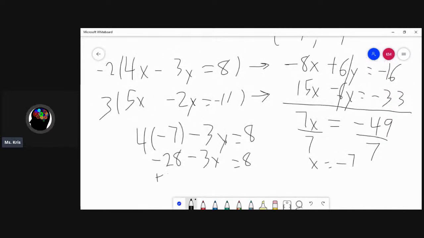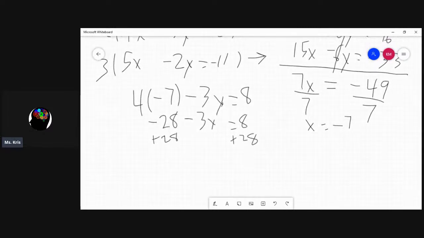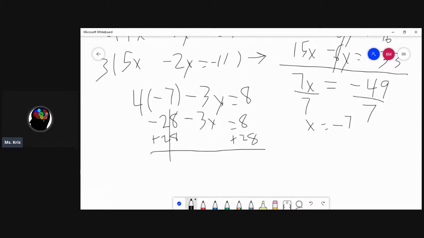Gonna add 28 on both sides. And that allows me to cancel out my 28s, bring down my negative 3y, and that equals 28 plus 8. That should be 36.